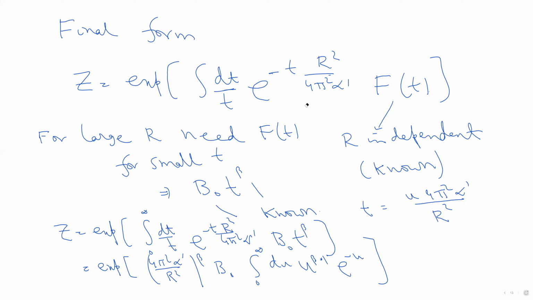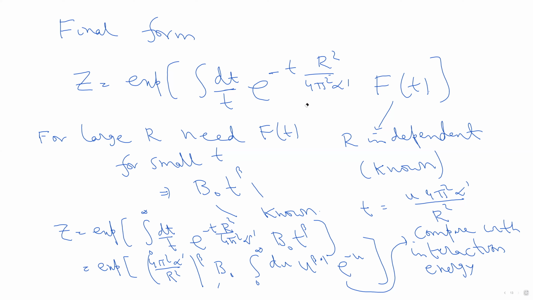This is some known object, because b naught is known, since we got it by expanding this known function near t equal to 0. And here we see some r square dependence. So this exponent is what you have to compare, and it is dependent on T square.